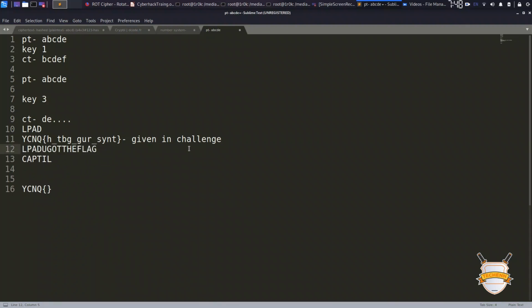But you have to place the curly braces, and since there are also underscores in it, you have to place an underscore over here, over here, and over here. You can also see that these are in small letters, and the one we got after decryption is capital.